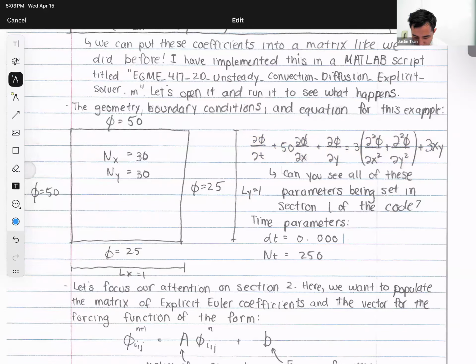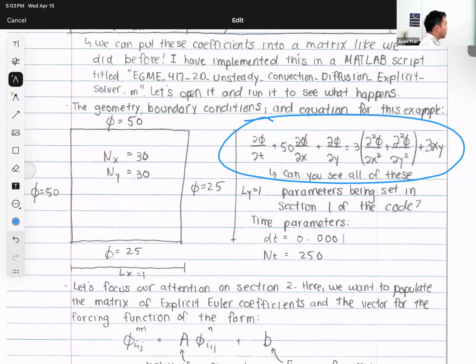Let's work with this equation. This is the problem we're doing. We have a two-dimensional domain with 30 grid points in each direction, but just so that we can do hand calculations, let's split this up into a typical 16-point grid.